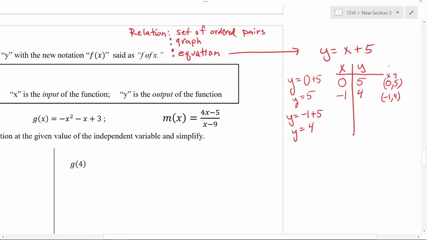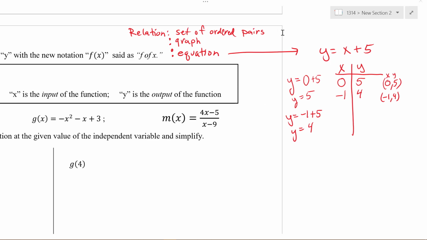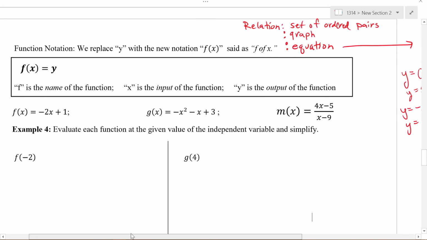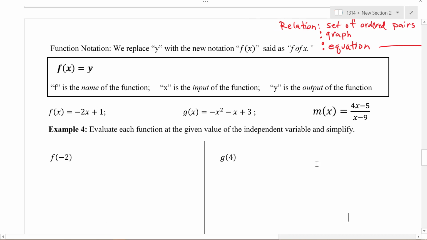So we can visualize a relation in the form of an equation because an equation represents a formula that you can use to find a bunch of ordered pairs. So when we're working with relations in the form of equations, and some of those relations turn out to be functions, we use something called function notation to represent those functions. So in this video, we're going to talk about something called function notation.